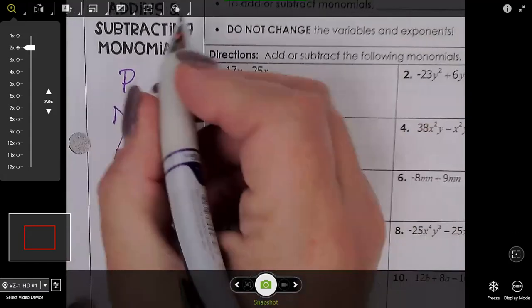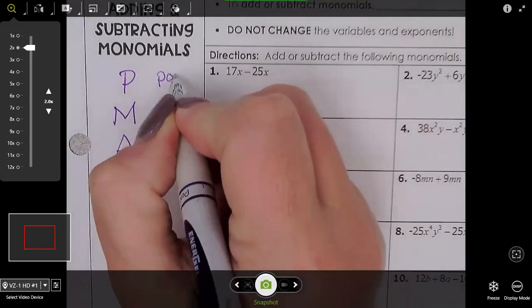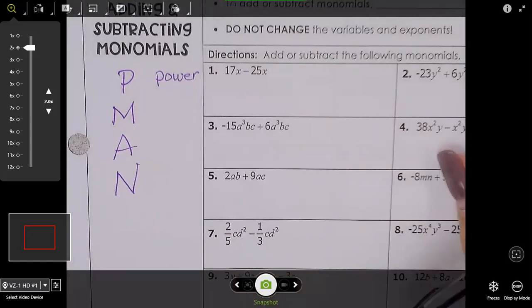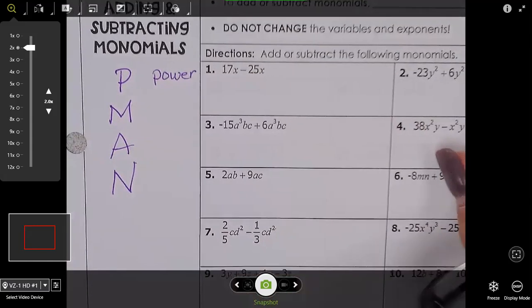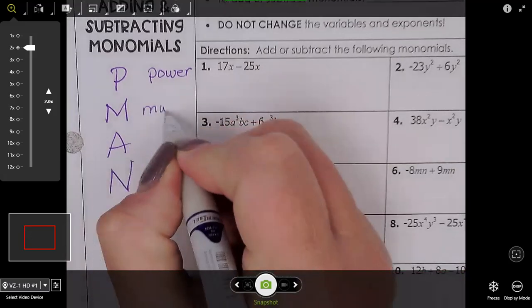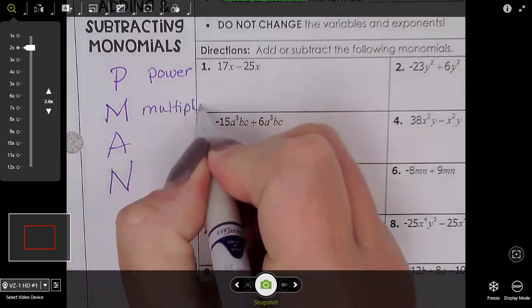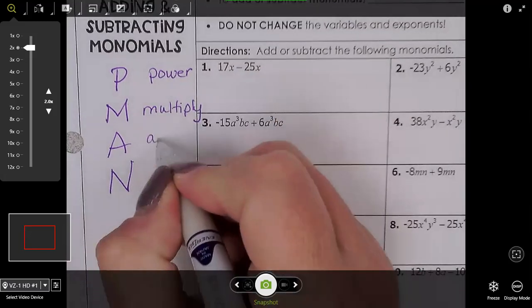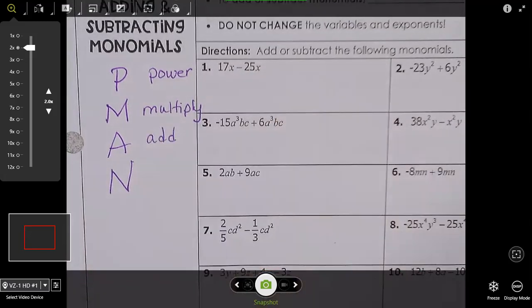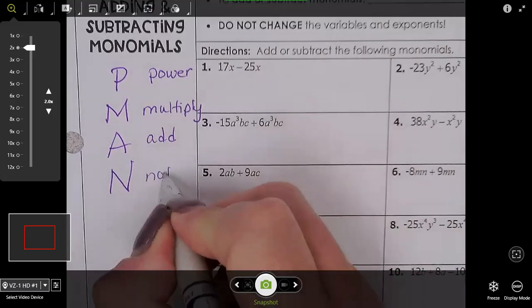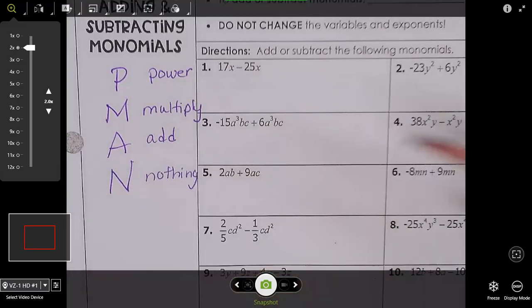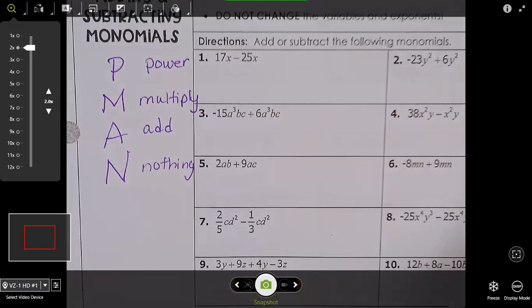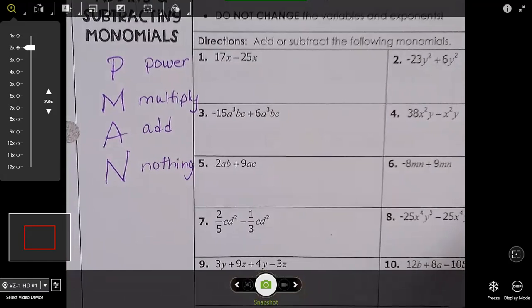It stands for power, multiply, add, nothing. So power, multiply, add, nothing.